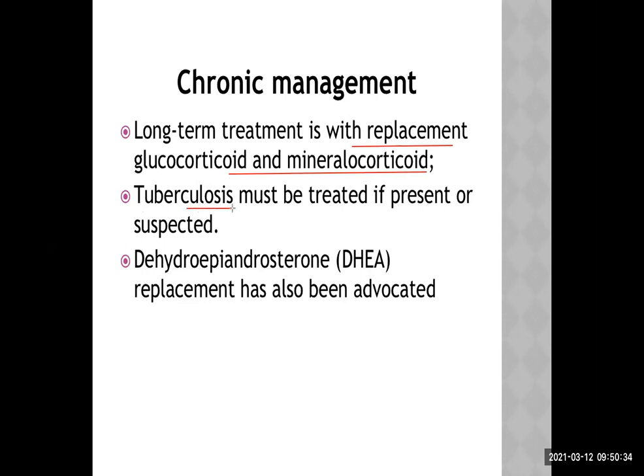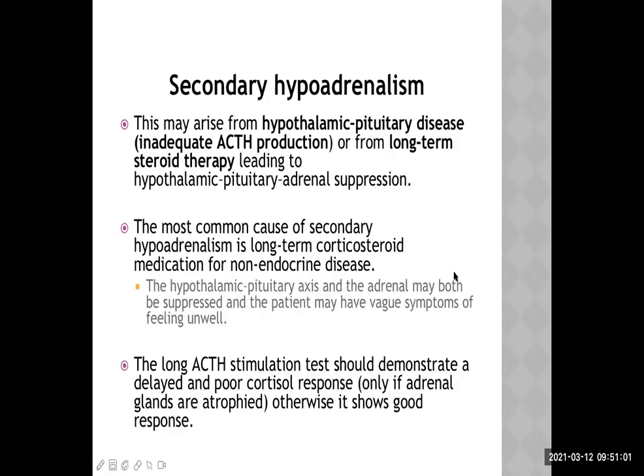Tuberculosis must be treated if it is there, and dehydroepiandrosterone replacement has also been advocated if there is loss of secondary sexual characteristics, loss of libido, amenorrhea, and those types of problems. Then we need to even think about replacing this type of sex steroid. Now, for this purpose, fludrocortisone is important. Okay, fludrocortisone is important.